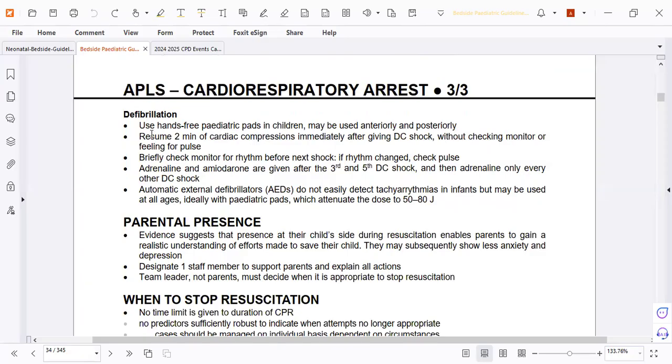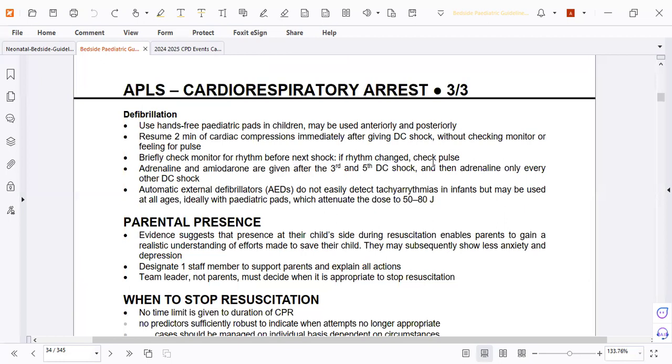Just to have a look quickly, it says here use hands-free pediatric pads in children, maybe use them anteriorly and posteriorly. Resume 2 minutes of cardiac compression immediately after giving DC shock without checking monitor or feeling for pulse. Briefly check monitor for rhythm before next shock.